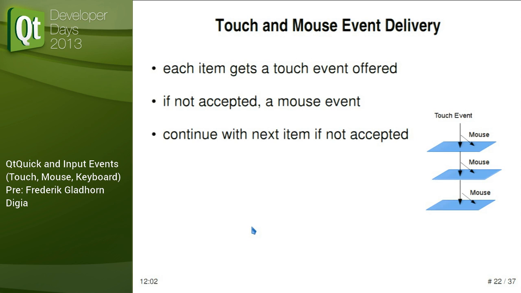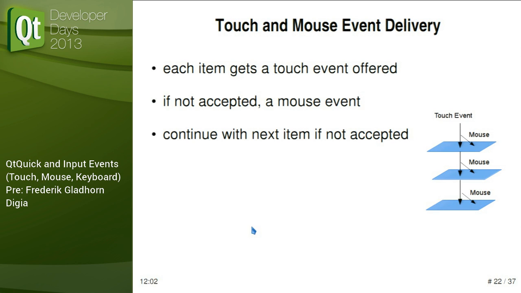If the item accepts neither, the next item will get the events offered. Of course, in order to even get any event, you need to set that the item accepts mouse buttons. This is how the propagation works nowadays, which is actually logical and what you would expect.